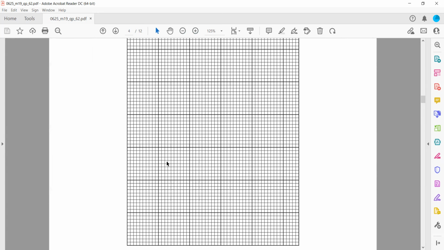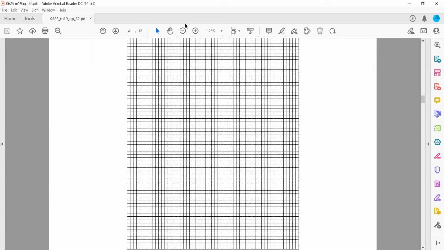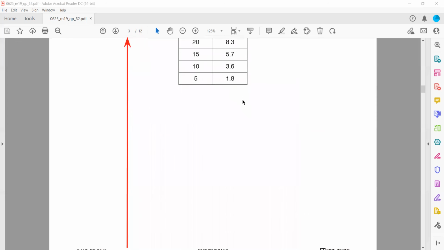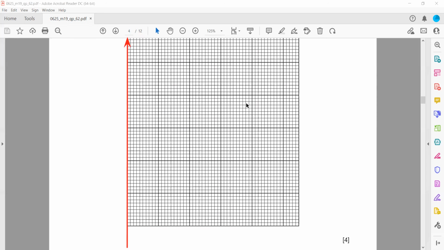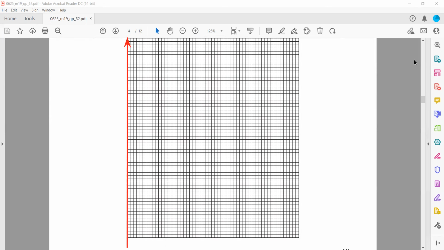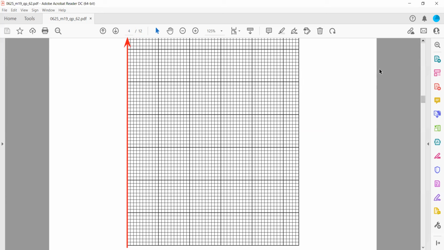So on the y-axis, we have A with a minimum value of 1.8 and a maximum of 12.2. For theta, the minimum value is 5 and the maximum value is 25.